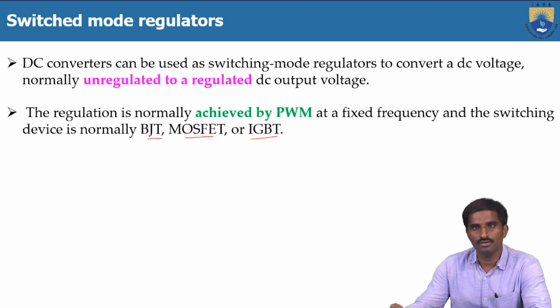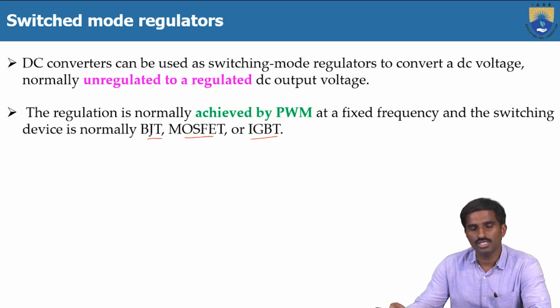By using the pulse width modulation technique, we can convert the unregulated DC supply to regulated DC supply. It is very easy to apply the PWM technique when the switching devices are BJT, MOSFET or IGBT.